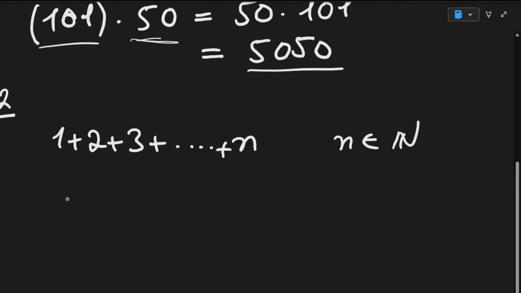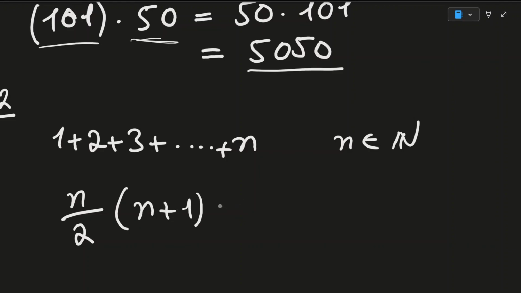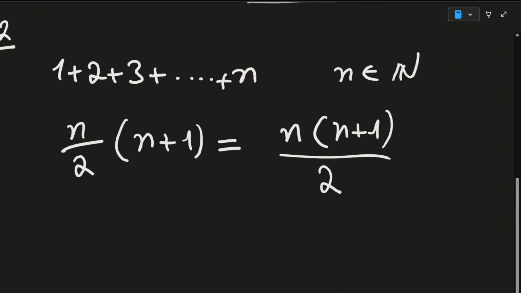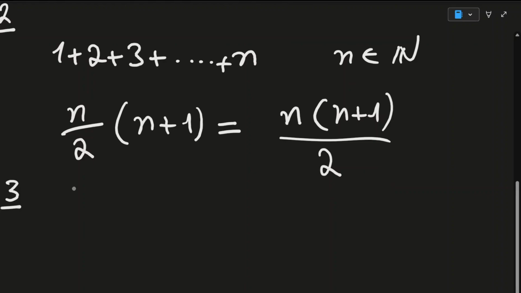In the same way, we will get n divided by 2 pairs of n plus 1. That is n into n plus 1 divided by 2. We have to prove now if this formula is valid, using mathematical induction.